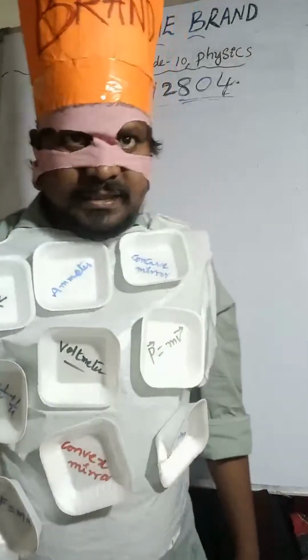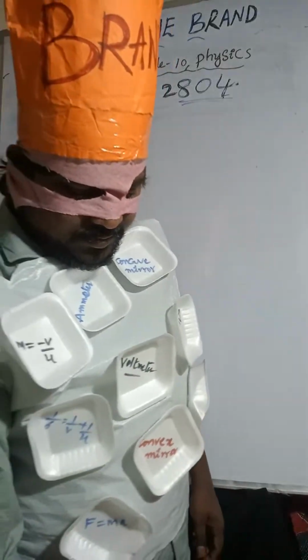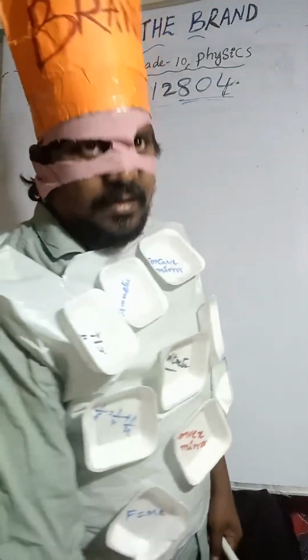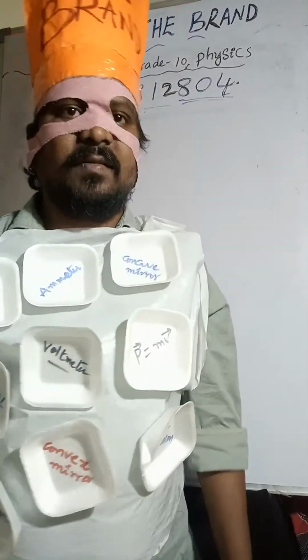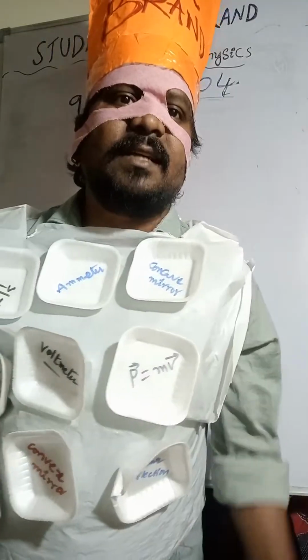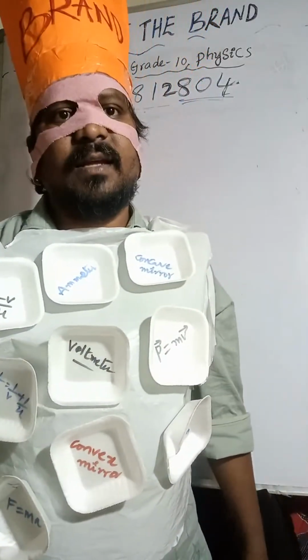So till now we discussed about mirrors. Now we will discuss about lens. There are two types of lens: convex lens and concave lens.